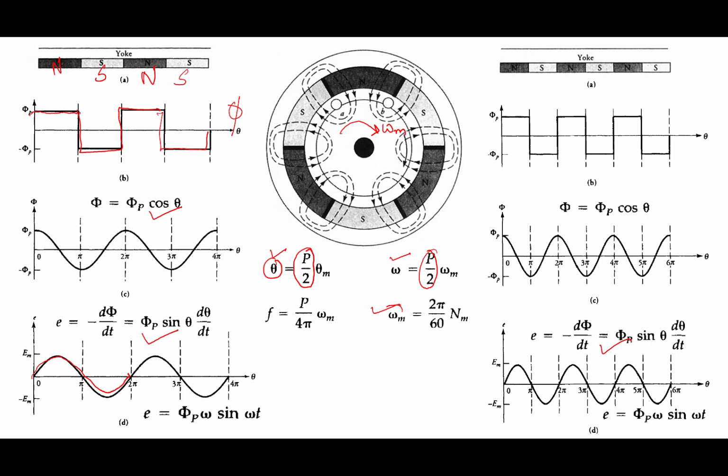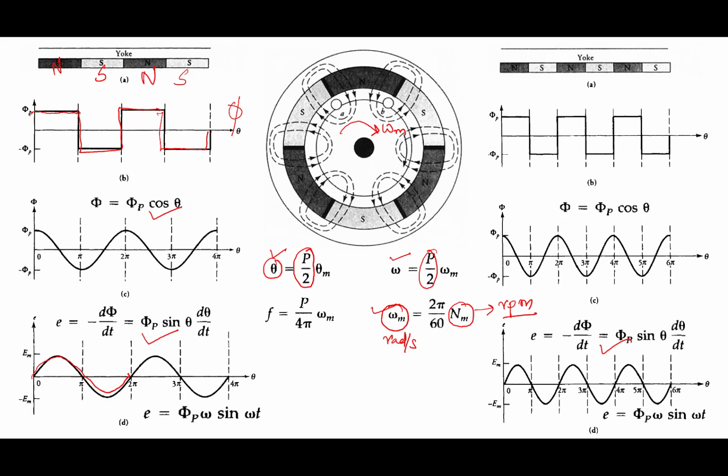Omega m is the mechanical speed in radian per second, and nm is the mechanical speed in rpm. The relationship is omega m equal to 2 pi by 60 into nm.